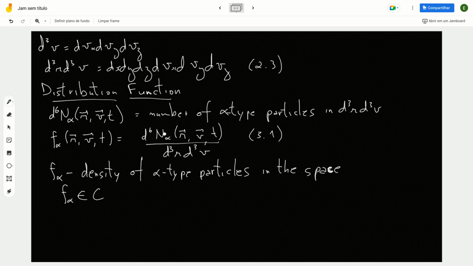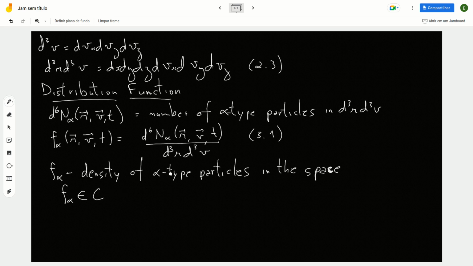Although you may say, well, this is just a counting number, so it should be a discrete function because you're counting particles, so you have a discrete number of particles in each volume element. It could be the case that it doesn't change continuously. You could have a certain number in a position, and a different number in the next position.